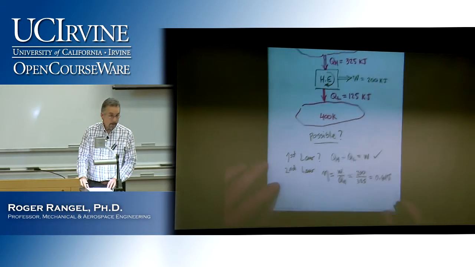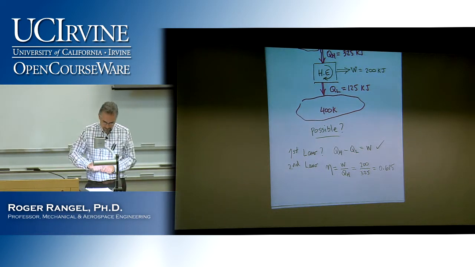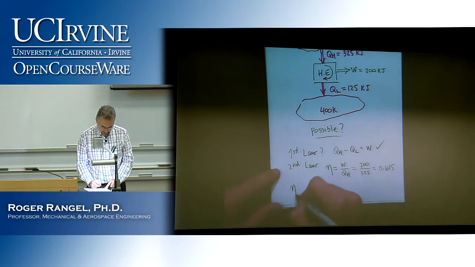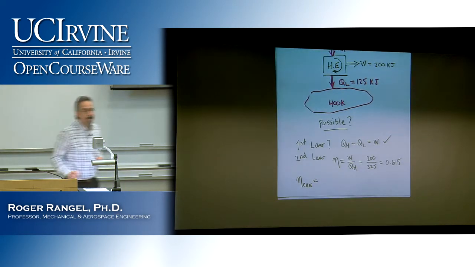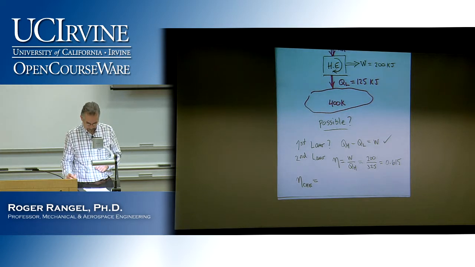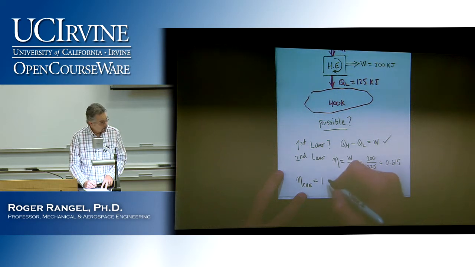Right? The question is, what if I replace this engine with a Carnot engine? What would be the efficiency of a Carnot heat engine in this problem? 0.4. Huh? 0.4. Is that what it comes out to be? It would be, remember, 1 minus TL over TH, right?